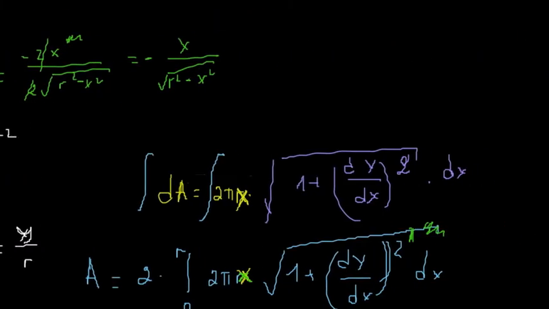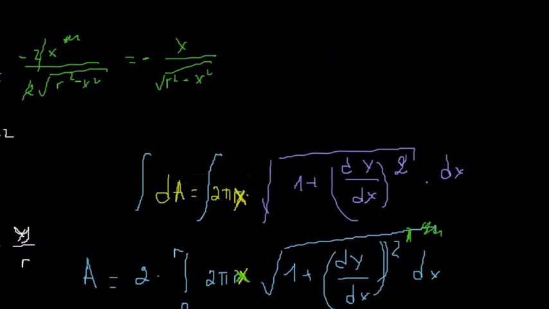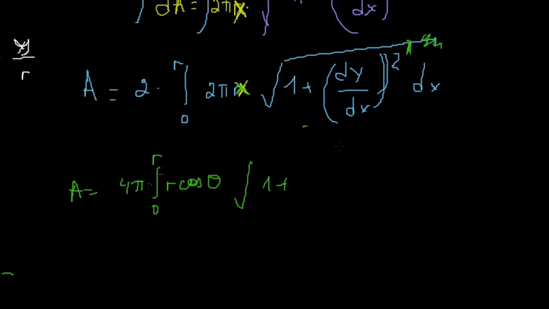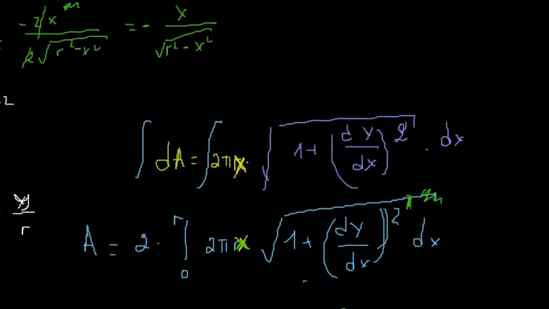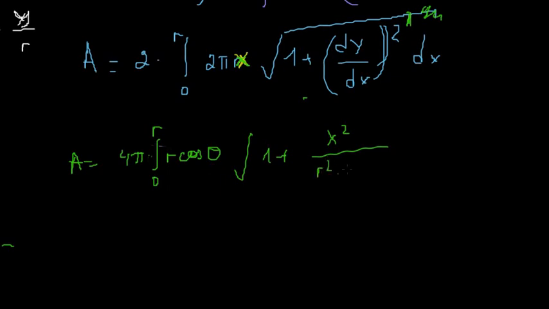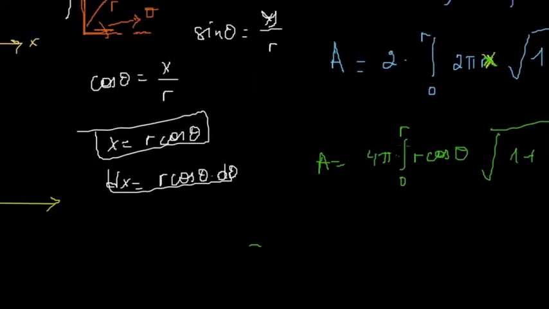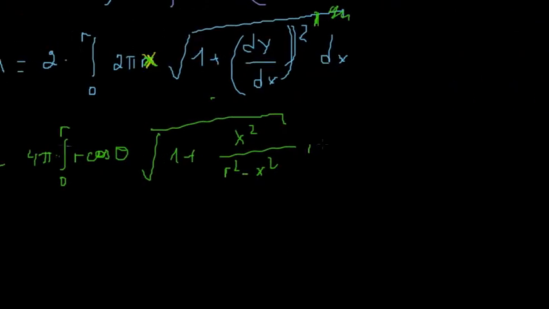Okay, now we can just simply plug it here, and it's going to be 1 plus dy over dx squared, so it's plus x squared divided by r squared minus x squared. Dx, we said that it's r cosine of theta d theta.